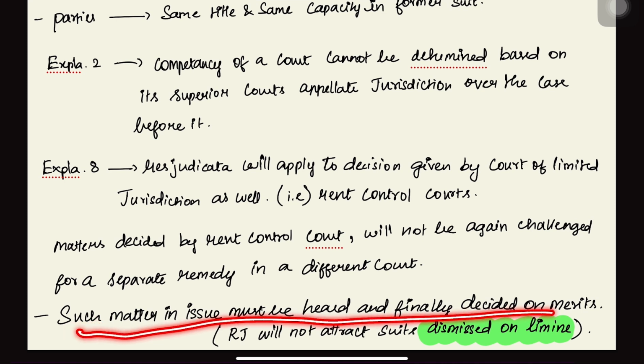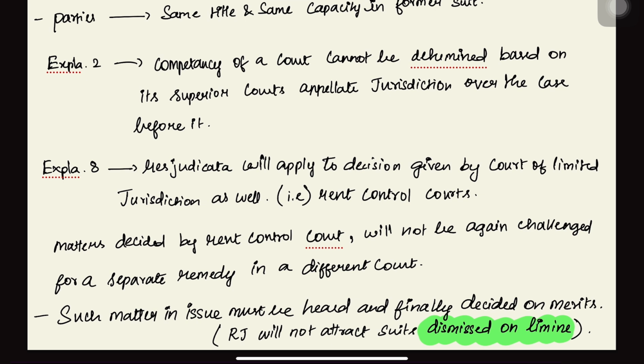This is one of the important statements when it comes to res judicata. The matter in issue decided in the former suit must have been heard and finally decided on merits. It should not be dismissed in limine.